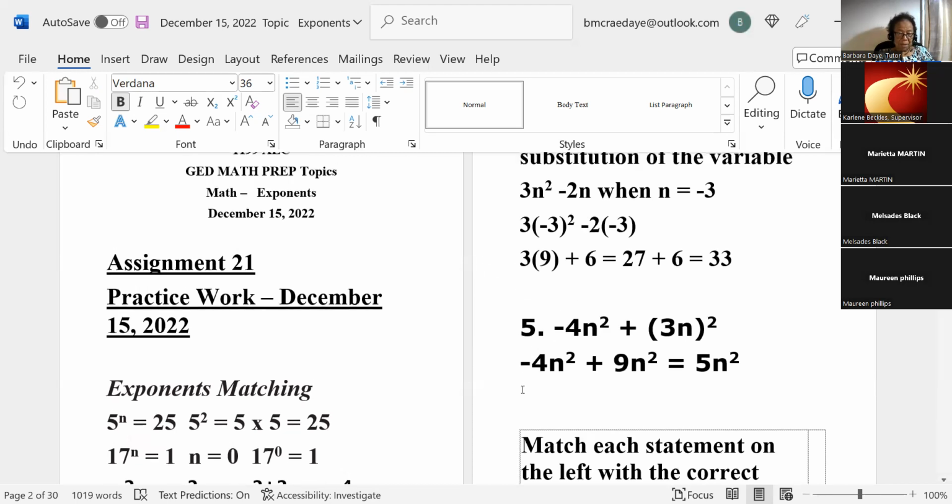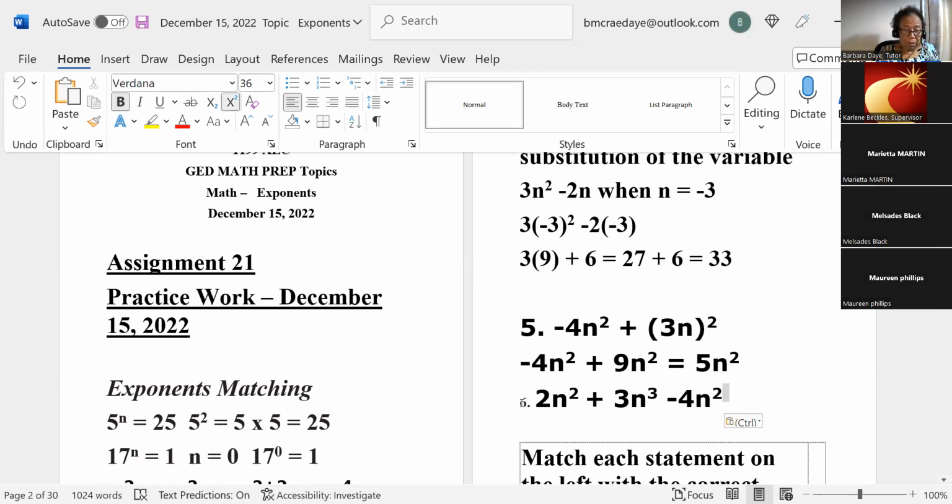Let's copy number 6, the next one. This is number 6. Let's just make that bigger.